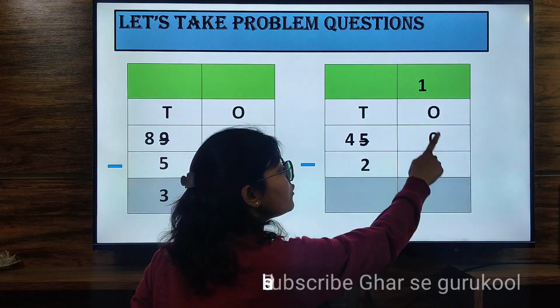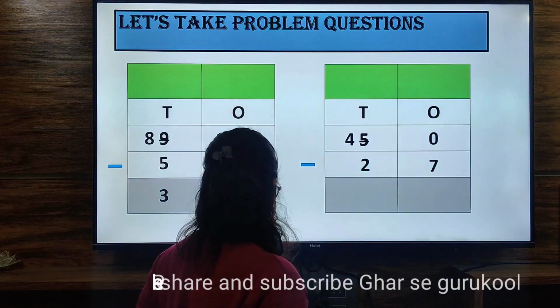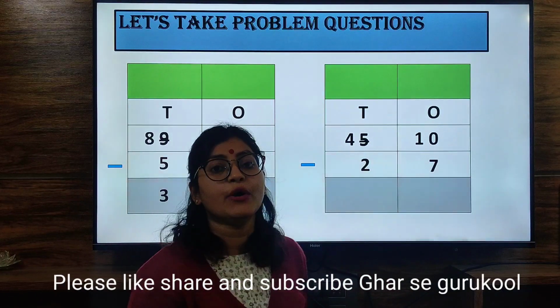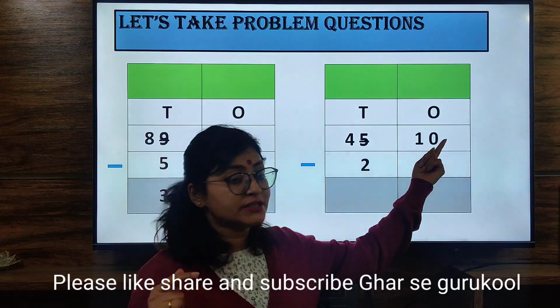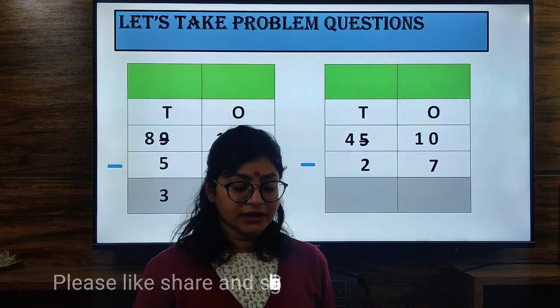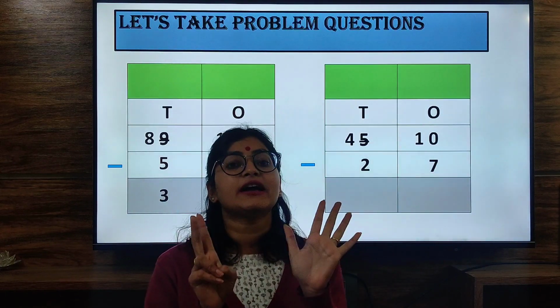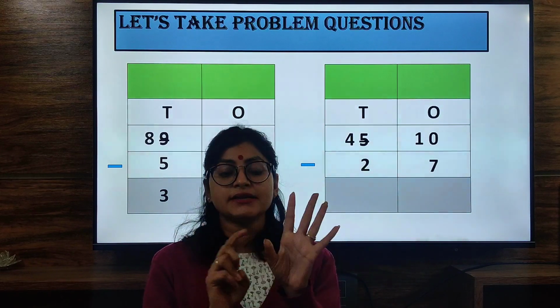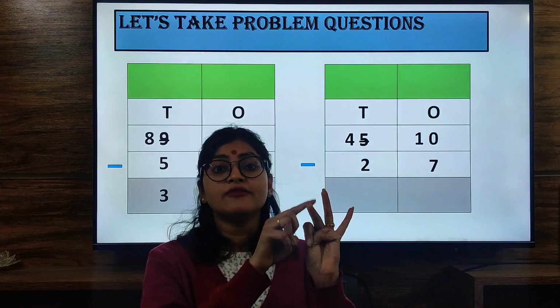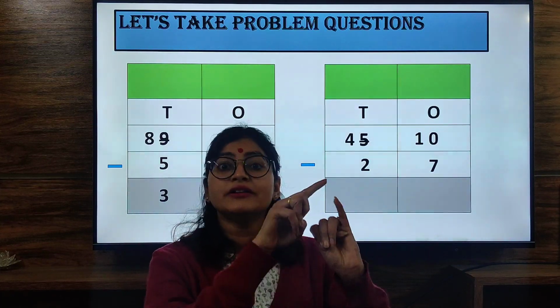Now this 0 will become 10. Now I have 10 in mind, which is the number written on the top, and 7 on the fingers. I will start counting backward from 10: 9, 8, 7, 6, 5, 4, 3.